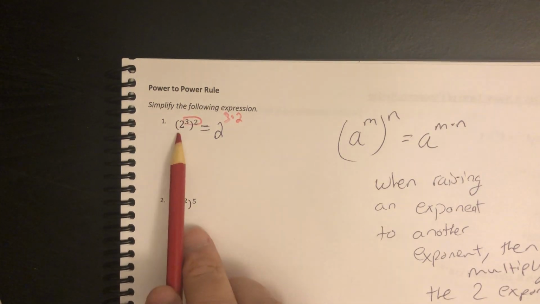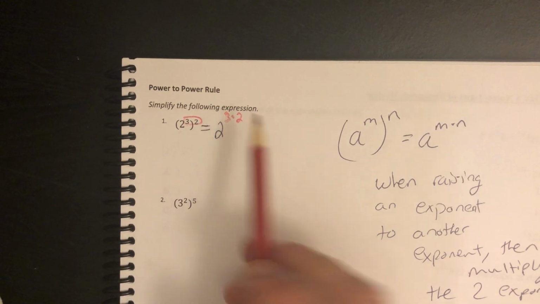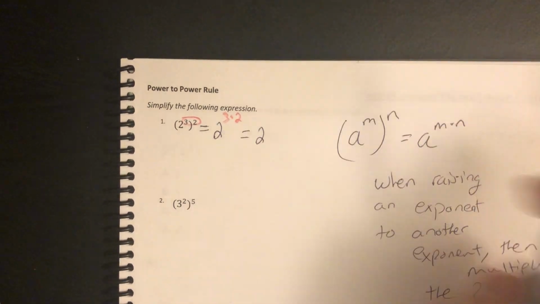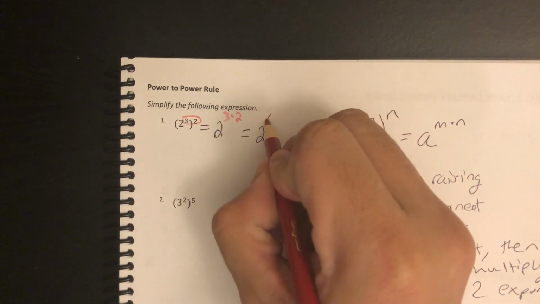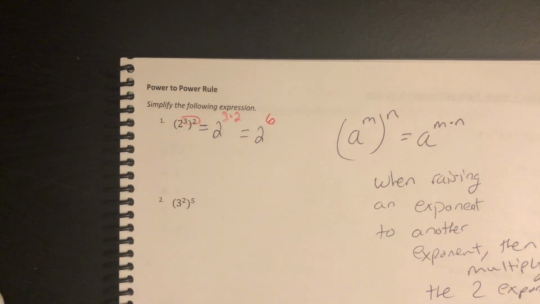So you see, the base stayed the same, but I can just multiply those two exponents to get 2 to the power of 6, because 3 times 2 is 6. And there's my answer. I have simplified the expression.